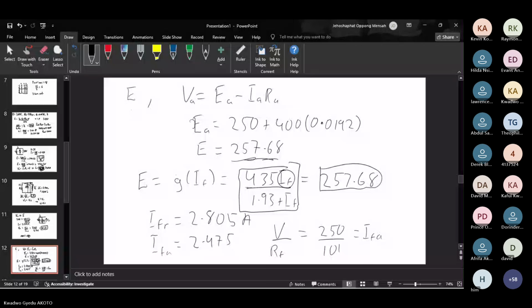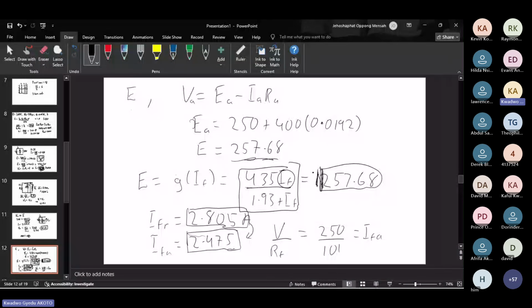Okay. So with this, the change in current, or the difference in current between this and that, is basically the current being supplied by our series field, right? Because to have an EMF of this, we want our total field current, which is current from our series field and current from our shunt field, to be equal to this, right?